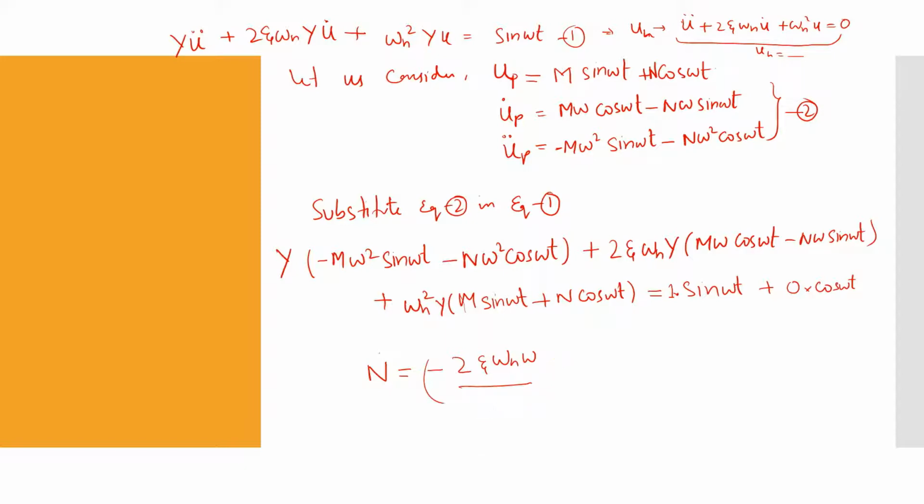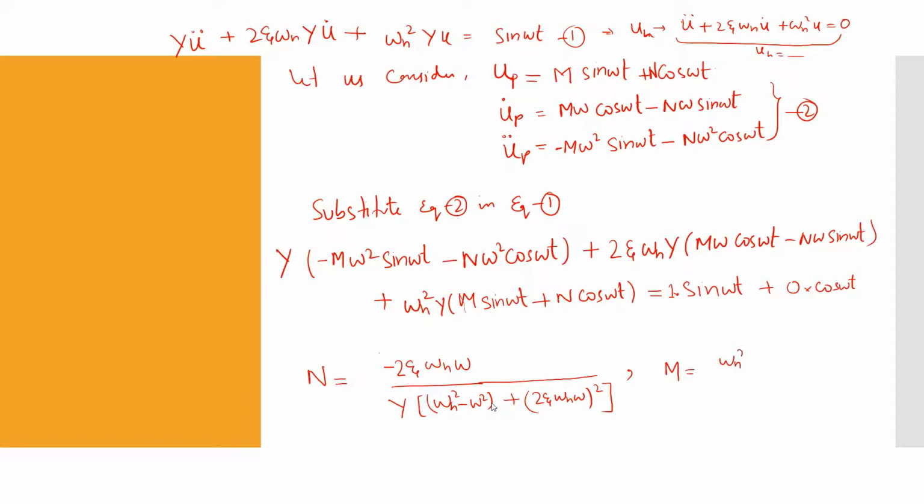So we will write the final values. n equals minus 2 xi omega n omega upon y into omega n square minus omega square whole square plus 2 xi omega n into omega whole square, and m equals omega n square minus omega square upon y into omega n square minus omega square whole square plus 2 xi omega n omega whole square.